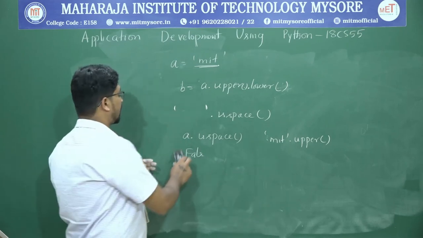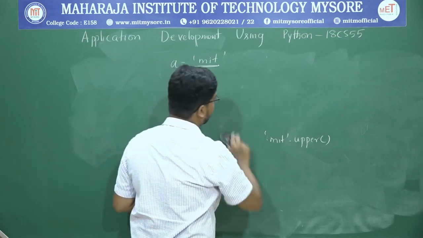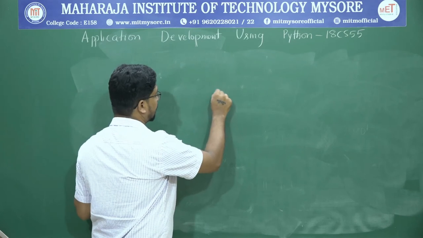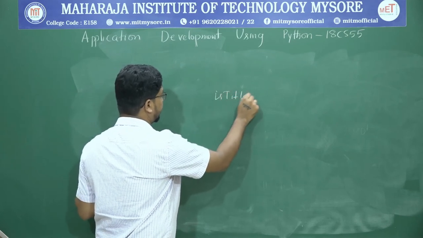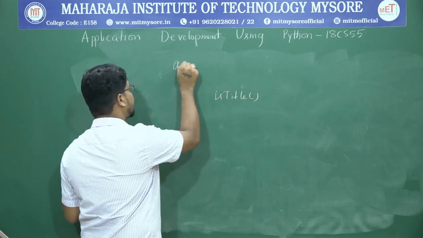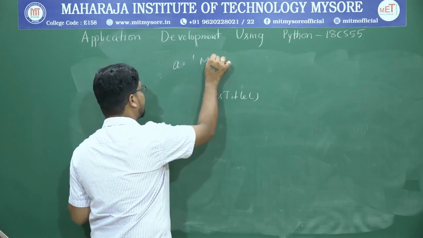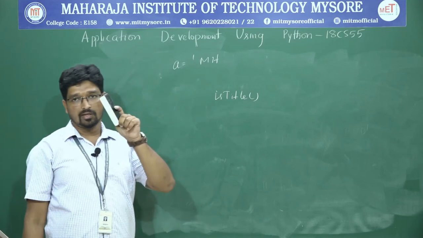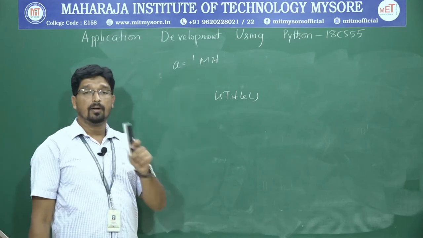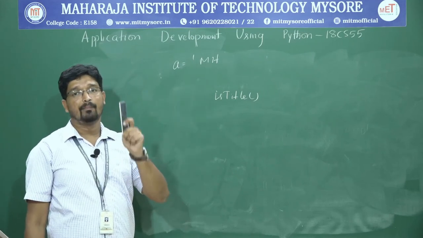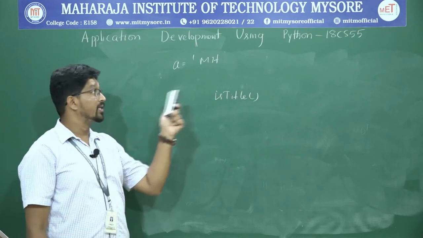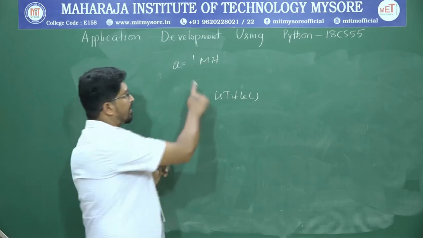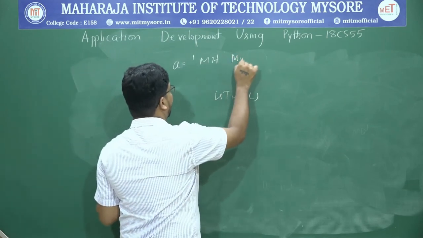Then we have one more method called is title. What is title? Let us say A is equal to MIT Mysore CSE. It will check for title case. Title case is nothing but all the words in the string must start with uppercase and all other characters should be in lower case.